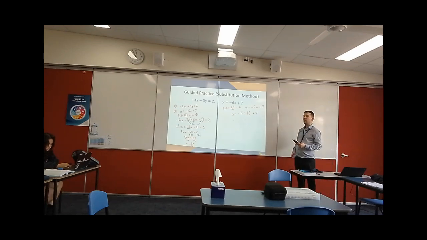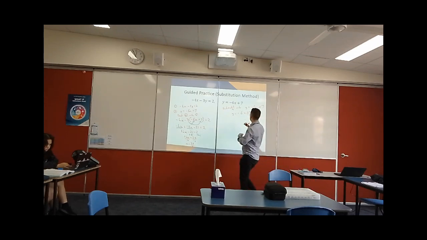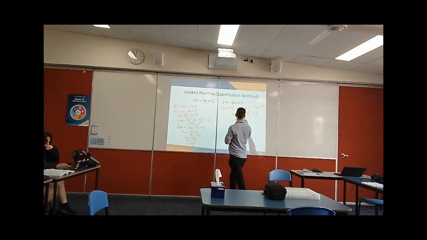You will need a calculator for this. Six times 23 is 138. So we have negative 138 over 14 plus 7.